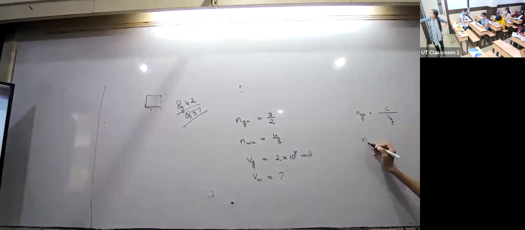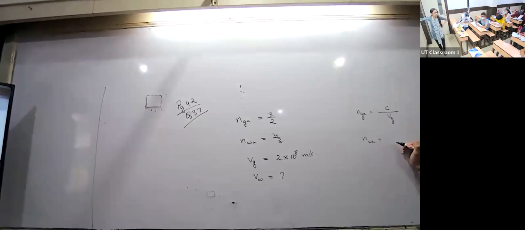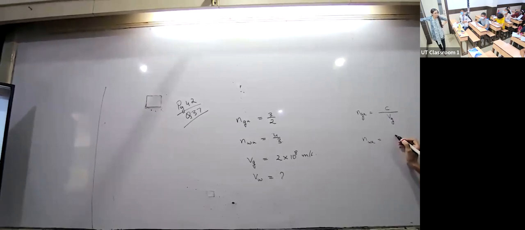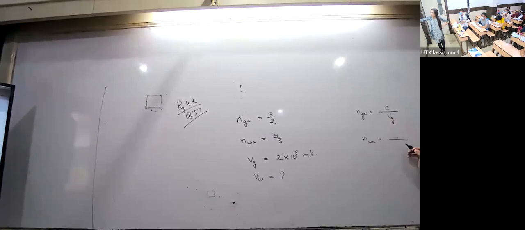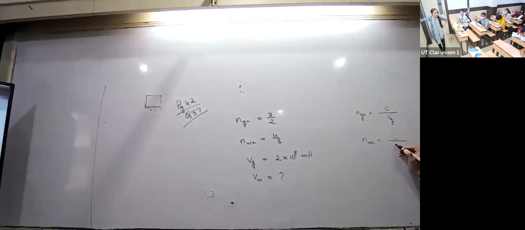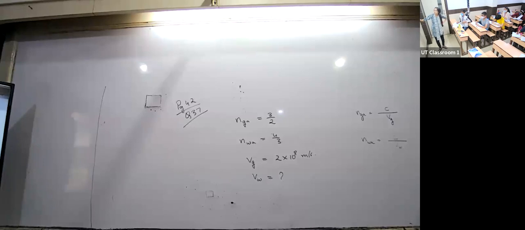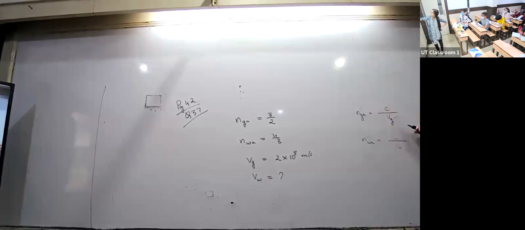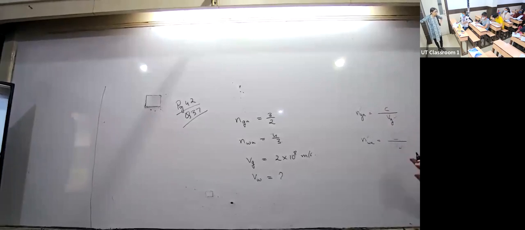That's one formula. What is the other formula? n of water: the speed of light in air upon the speed of light in water. I know this, I know this, I want this, and I have this formula.